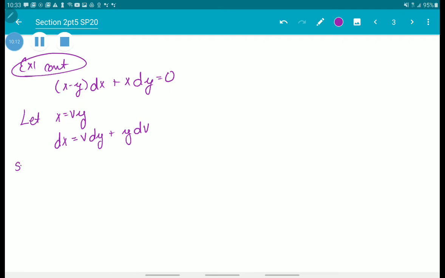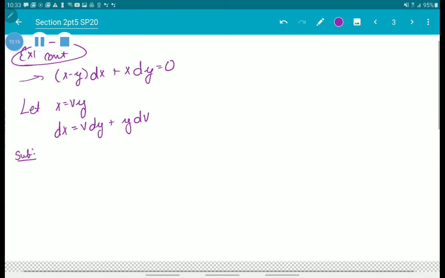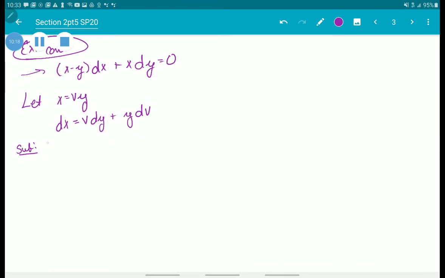So now let's substitute that into our differential equation. So we're going to have vy minus y, and that's times dx plus x dy is equal to 0.